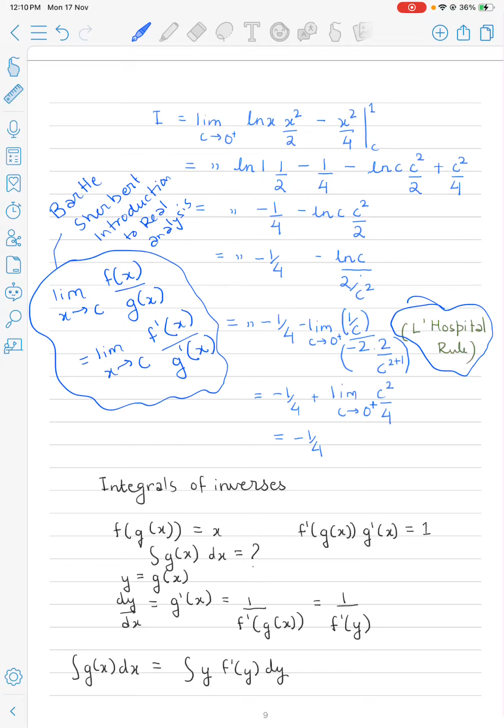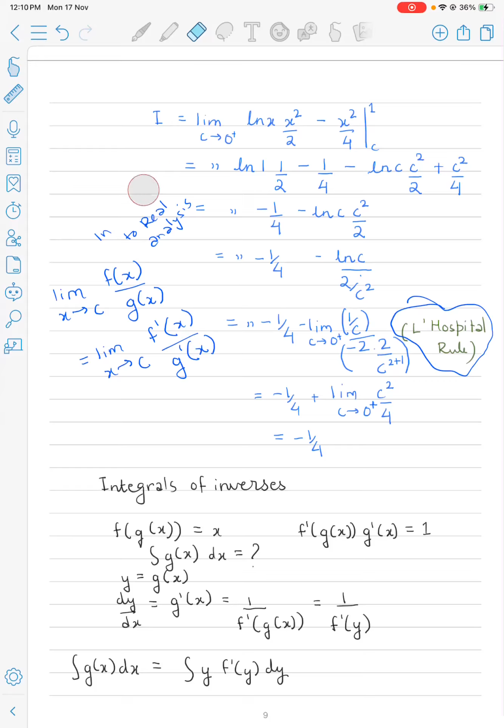I'm getting a little off topic, but you cannot use this thing always. Let's just say f(x) is, let's say, 1, and g(x), let's take x square maybe. Limit x tends to 0, then you will get 0, right?